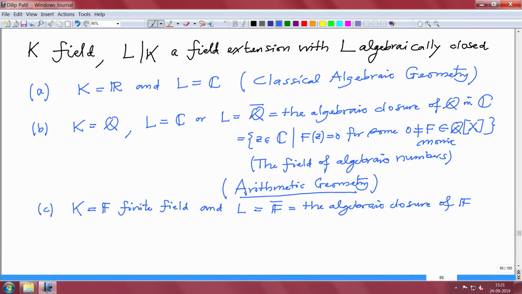And what did we define last time? Let me write a definition here. This is what we defined last time.